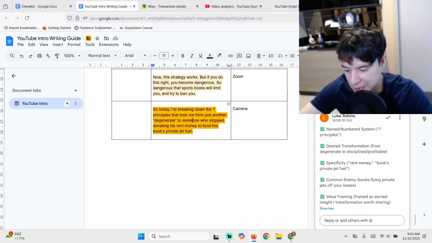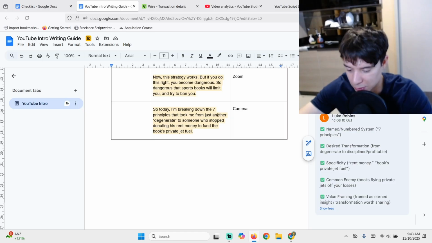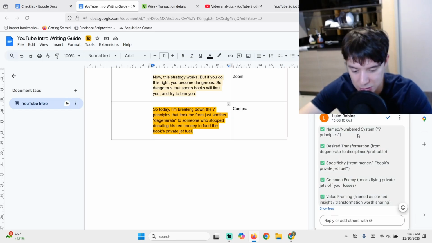And for the last line, so today I'm breaking down the 7 principles that took me from just another degenerate to someone who stopped donating his rent money to fund the book's private jet fuel. So we got 7 principles here. It's a numbered system. We have the desired transformation. So just from another degenerate to someone who stopped donating his rent money to fund the book's private jet fuel. It's very absurd. It's very specific as well, right?